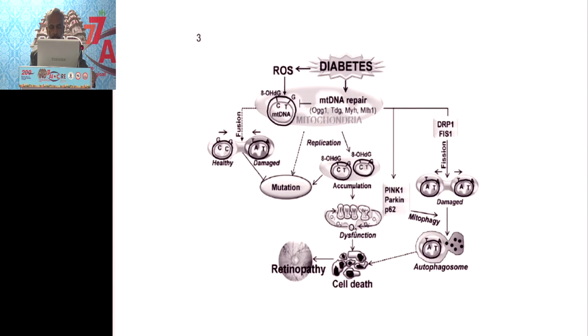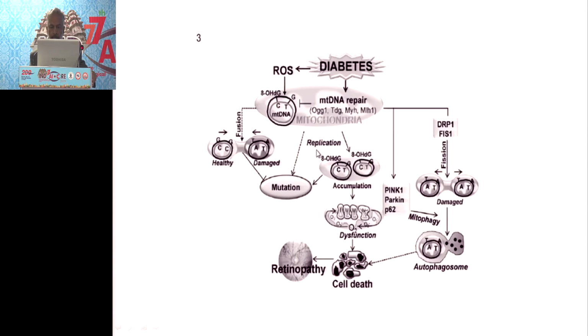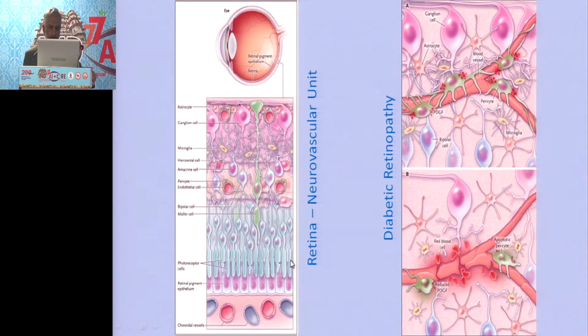The reactive oxygen species also cause mutation and DNA damage, which inhibits the autophagy mechanism and leads again to apoptotic cell death, and finally retinopathy.